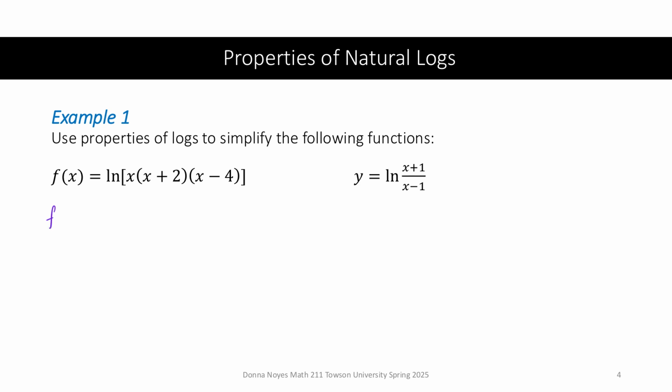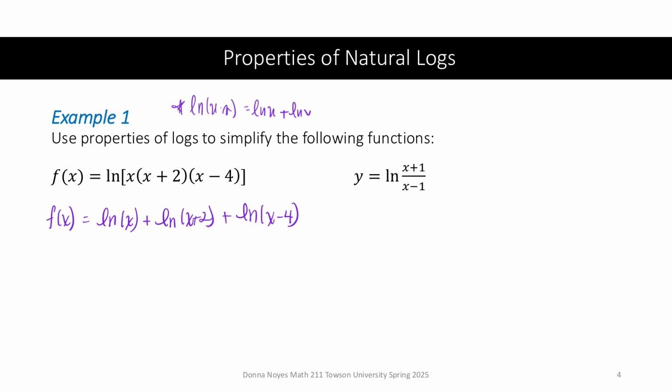So let's use the rule that says we can make this the natural log of x plus the natural log of x plus 2 plus the natural log of x minus 4. And what we used was that rule that said the natural log of u times v is equal to the natural log of u plus the natural log of v.